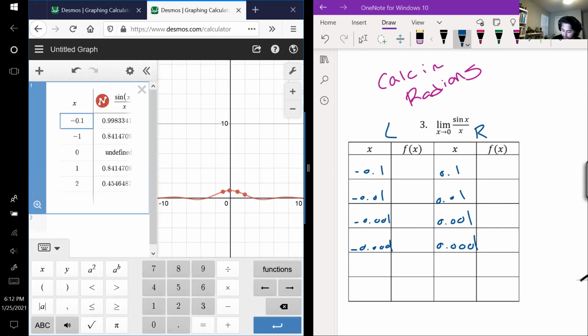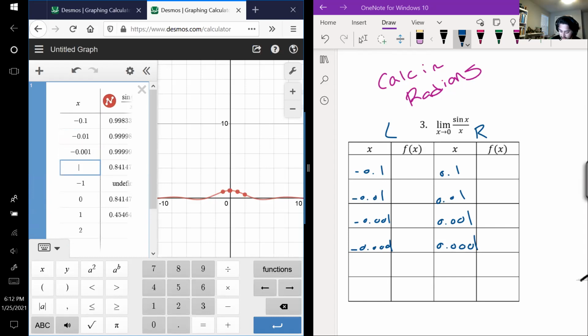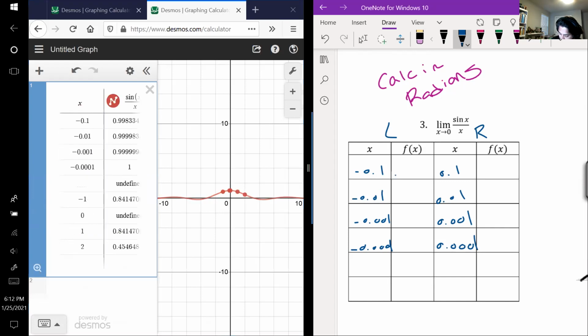Negative 0.1, negative 0.01, negative 0.001, and then negative 0.0001. And look at my values for y. So over here, I just have 0.998, 0.999, and again, 0.999. And this one even spewed out 1.